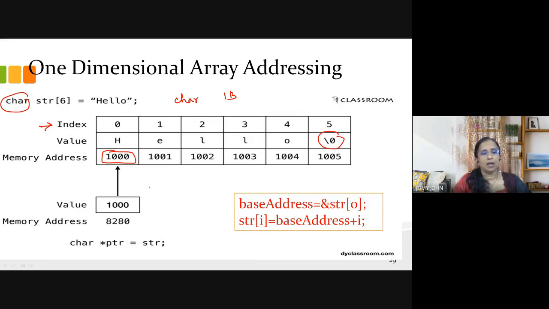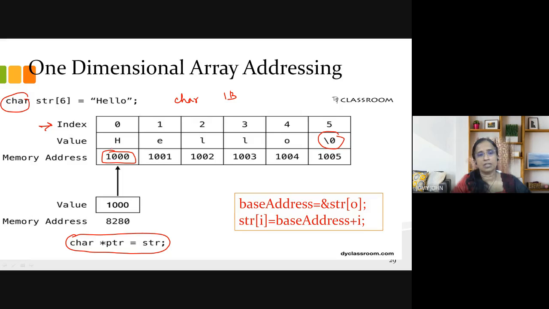Now the value 1000 has a memory address of 8280. This is a pointer. Suppose we are declaring char *ptr = str. We have learned what a pointer is; just try to refresh it. We declare a character pointer to str. What is that? ptr is a pointer to str.